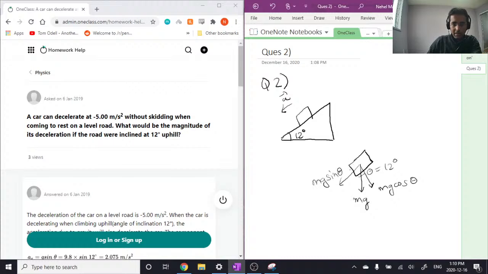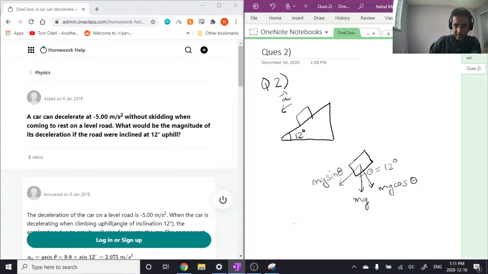Okay. So these are the two forces. So we can use that to calculate our final formula, and it's still decelerating at 5 meters per second square.